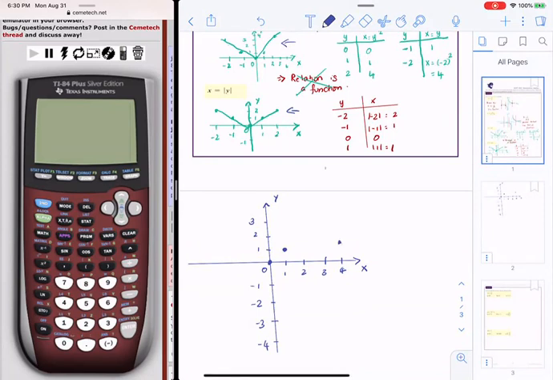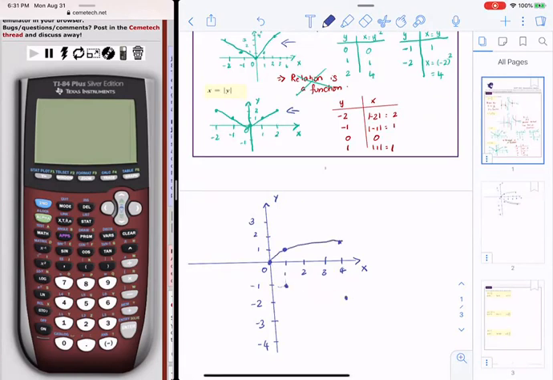When y is -1, x is 1, because we switched the order. And when y is -2, x is 4, so we have that. So the curve actually is going to look like this.